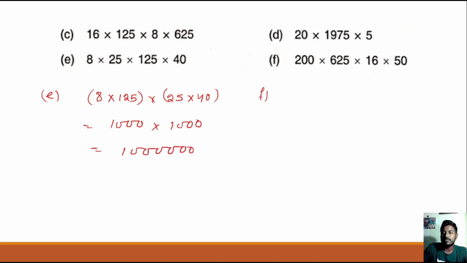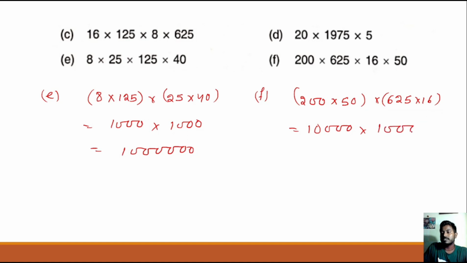Next, F number, 200 into 50 into 625 into 16. Okay, now multiply 5 2s are 10, into 10,000. Now 10,000 means 4 zeros, then 4 zeros, that is 10 crore.